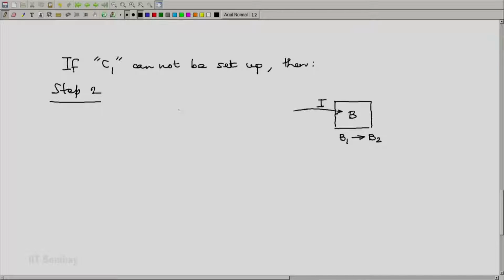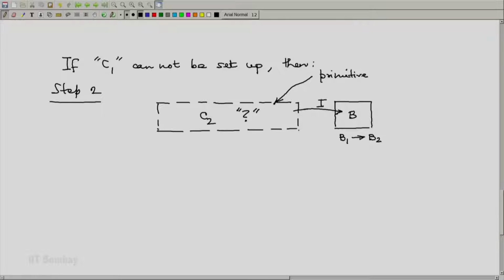However, now we replace A by a system which would do the following. Let us call this system C2 and we check whether such a system can be set up. First, C2 as required for C1 should be made up of primitive mechanisms and it should undergo no net change, the same conditions which we put on C1.